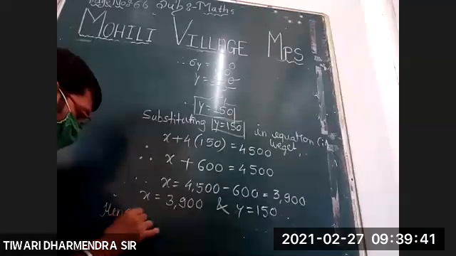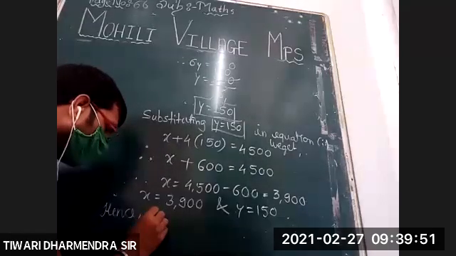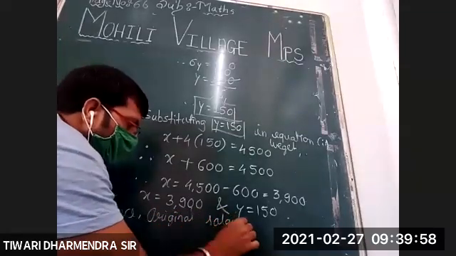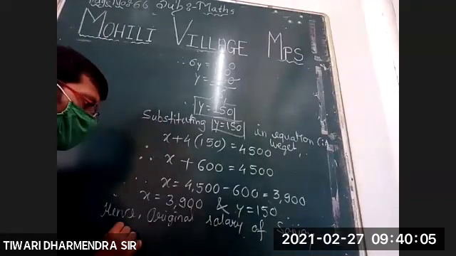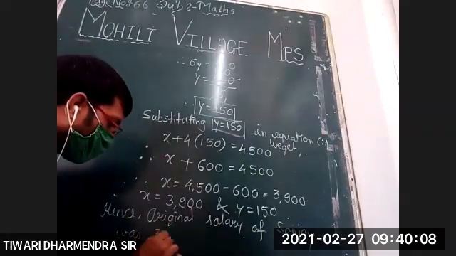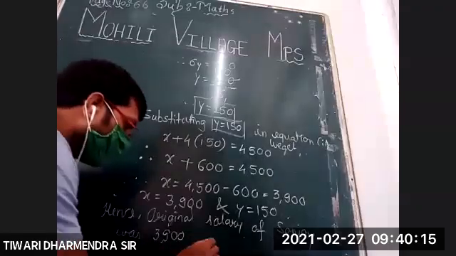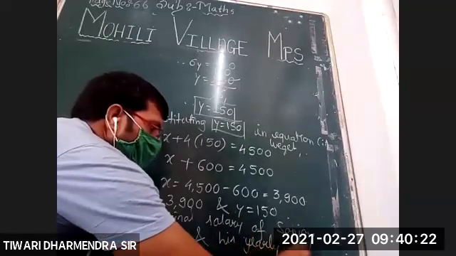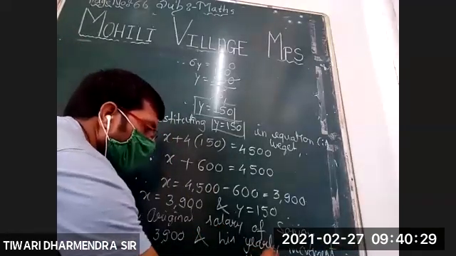Hence, the original salary of Sanjay was 3,900 as we proceeded till 10 years, and his yearly increment, because it's happening every year, is 150.